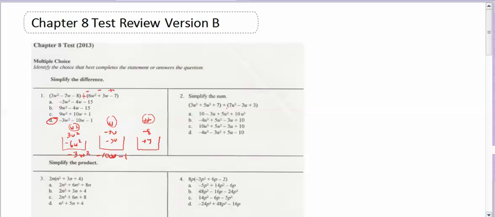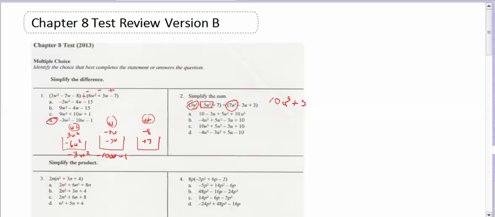Okay, the next one, it's a plus. I don't need to change anything in here. I keep everything the same. So without buckets, I'm looking at these two first, u to the third. 7 plus 3 is 10u to the third. Then I'm looking at the u's to the second. I have positive 5u to the second, and that's all I have.